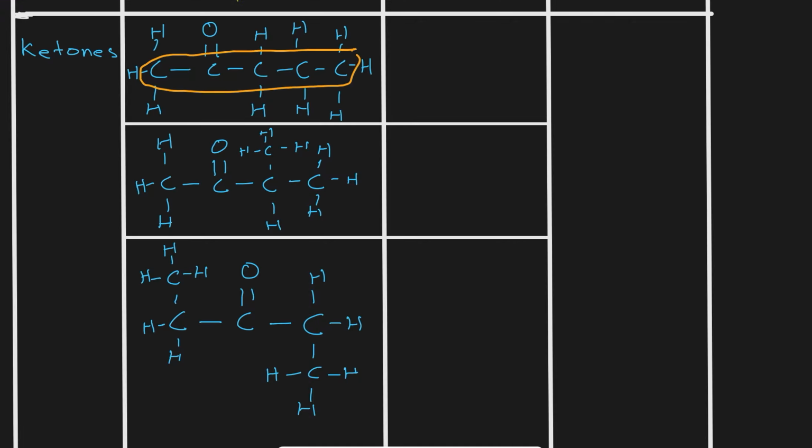And then we are always going to give preference to the functional group. That means you label it from here, 1, 2, 3, 4, and 5. We have 5 carbons in the main chain, and this is the ketone. So with 5 carbons, that is pentane.